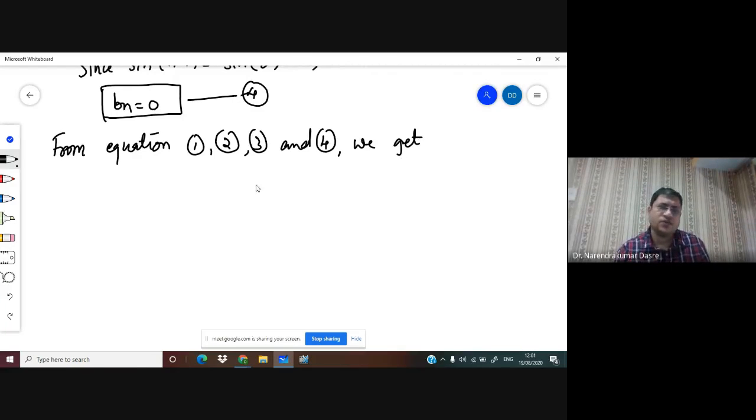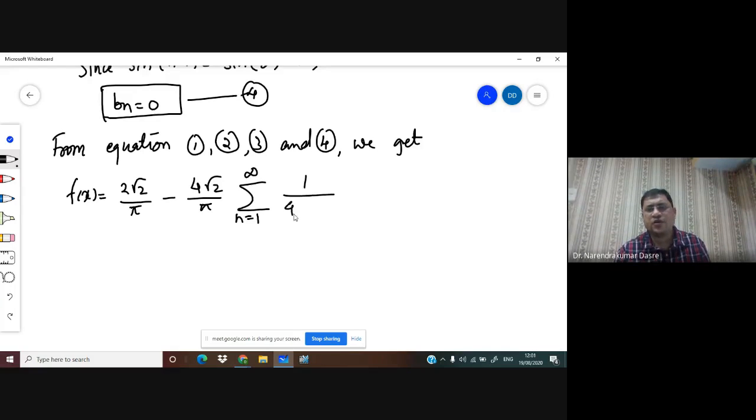we get f of x is equal to 2 root 2 by pi minus 4 root 2 by pi summation n running from 1 to infinity 1 upon 4n square minus 1, and we have cos of nx.